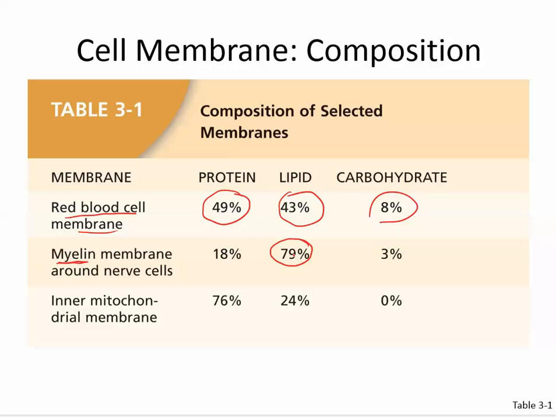It's 79% lipids with just a few proteins. Inside the mitochondria, which we'll also talk about, it's a very busy place doing lots and lots of things, so it has a lot of proteins for that kind of function. It's very heavy on the protein, very light on the carbohydrate. Sounds like a diet, doesn't it?